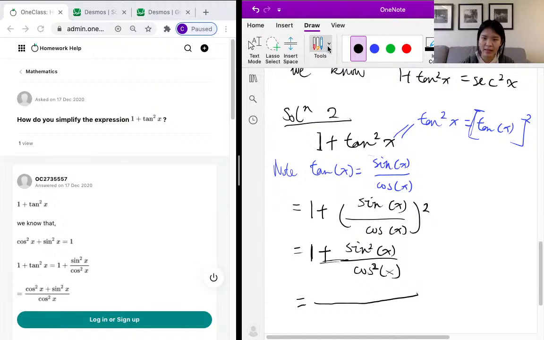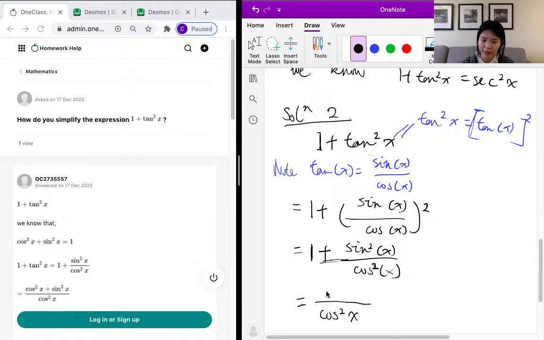And how do you do that? In this case, we have 1, and we want to change 1 to a fraction that has the same denominator as the fraction we have over here. So you want 1 to be a fraction that contains cos squared x as its denominator, while at the same time maintaining its value.